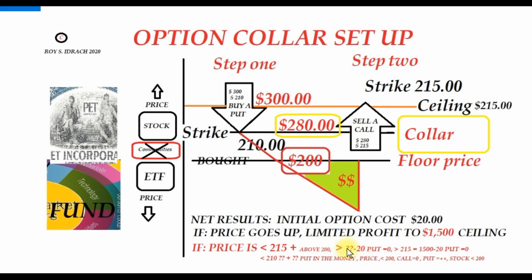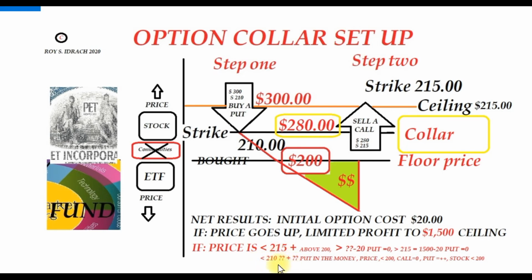Whatever you gain going up, we don't know how much it is, but the only thing that is going to cost you is the $20 difference from this. Now, you can have the other problems, right? The put, as it goes up, goes to 0, so you got 215. So they're going to be $1,500 minus 20 on the put. So that's your profit.